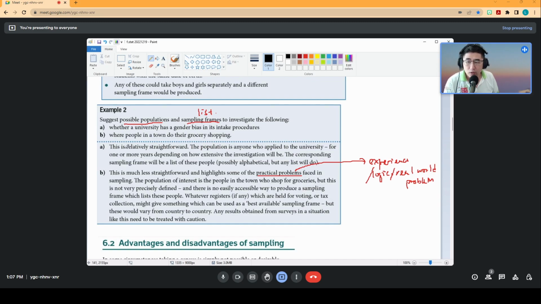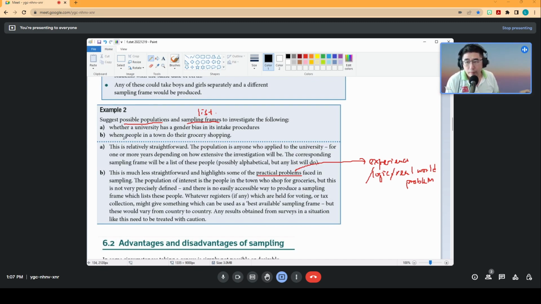Okay, this is for the first one, whether a university has a gender bias in intake. So you may need to take a few years of your past records to investigate whether in the selection of male and female there is any bias. Okay, so based on your historical data.